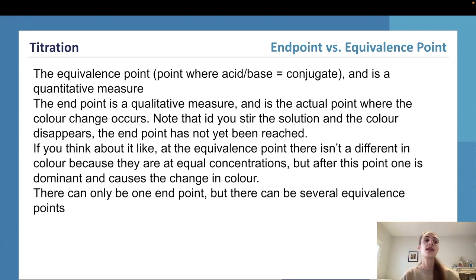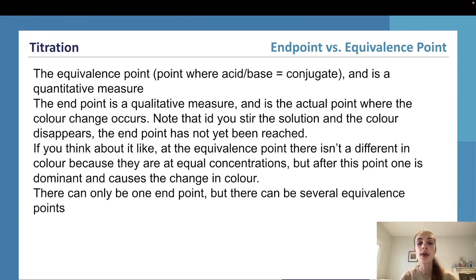At that exact point when it changes color, it is slightly after the equivalence point, but we say that that is giving us a representation of the equivalence point because it's as close as possible to the equivalence point that we can measure visibly.